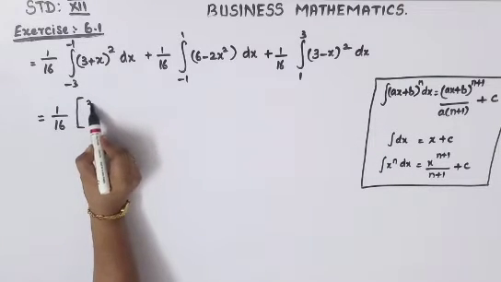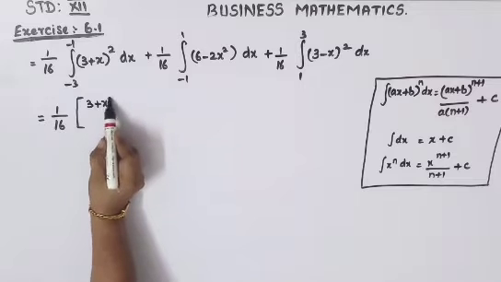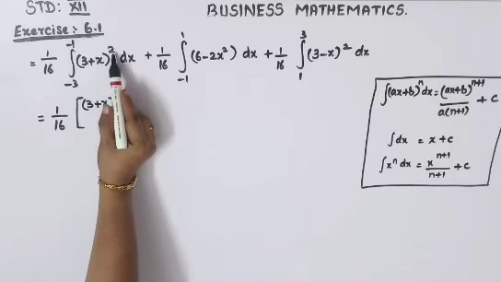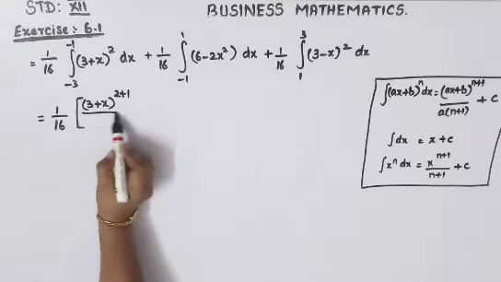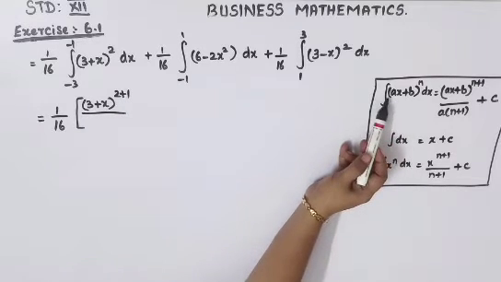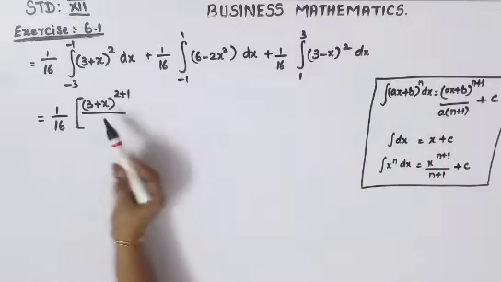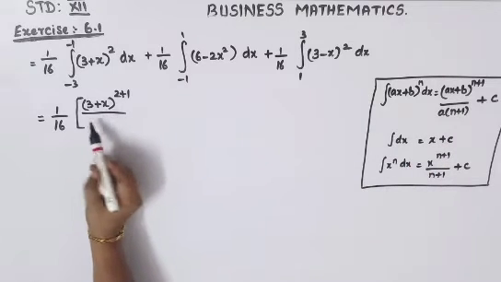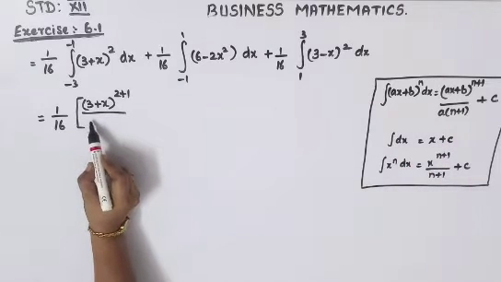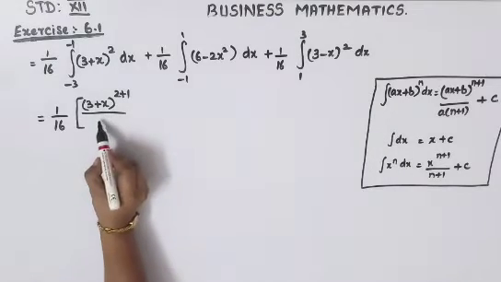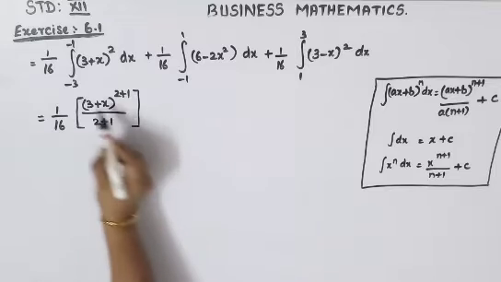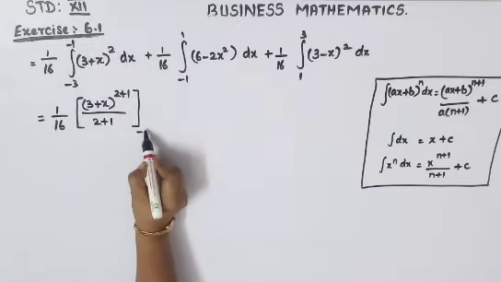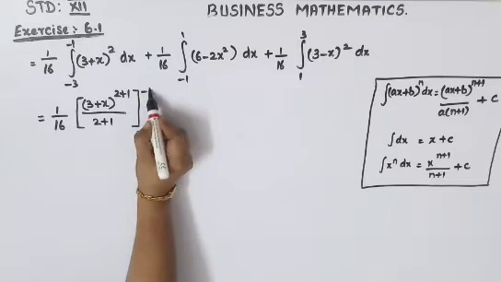We have 3 plus x the whole power, in the place of n we have 2. So 2 plus 1 divided by the coefficient of x, it has to come down. Here the coefficient of x is 1 only. If you want, you write it, otherwise you can leave it. The next part is n plus 1, 2 plus 1 you'll get, and you'll have to write your interval, -3 to -1.